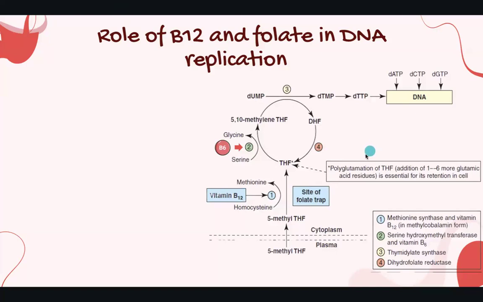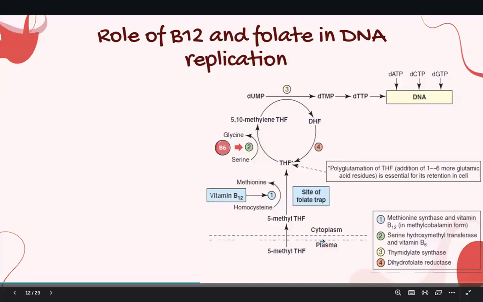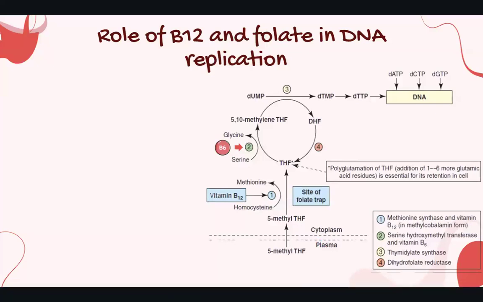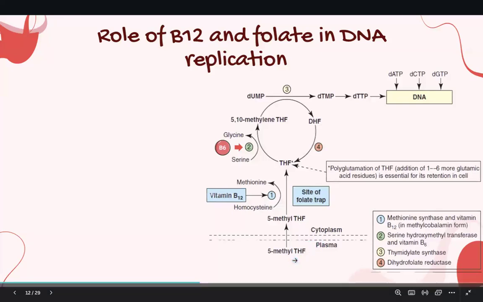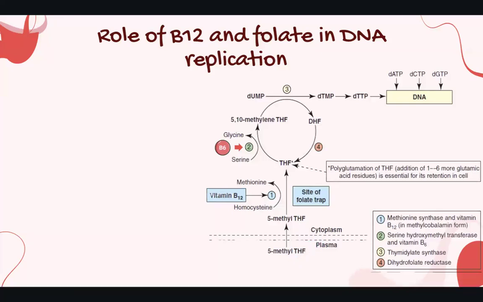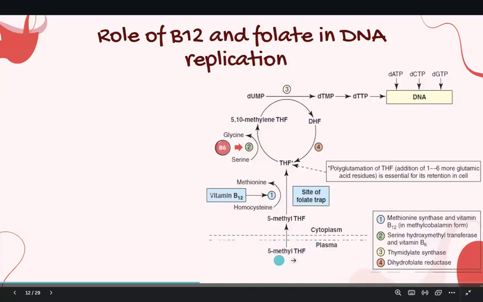So before we start, one thing that you guys need to know is that folate circulates around in our body in the form of 5-methyl tetrahydrofolate. It does not circulate in tetrahydrofolate or folate form. And as long as it's 5-methyl tetrahydrofolate, it is inactive.